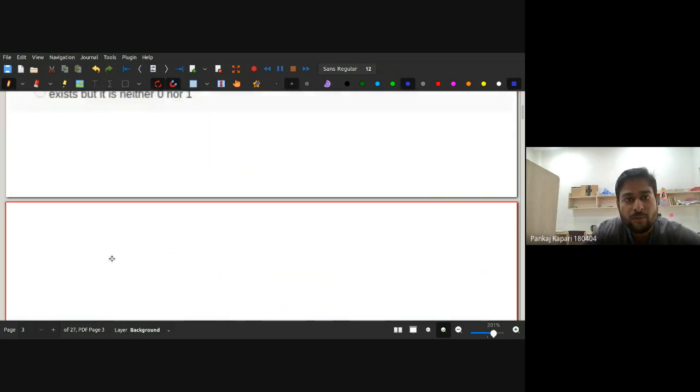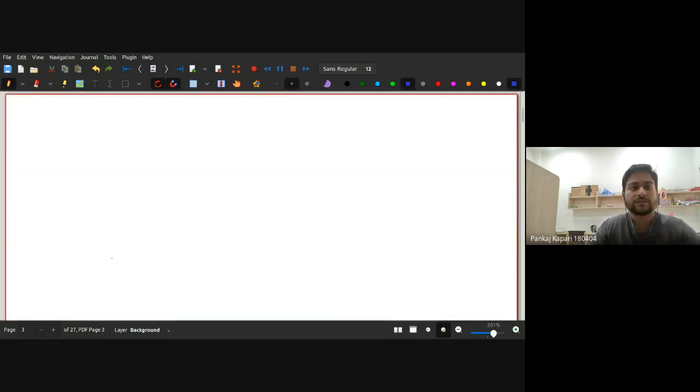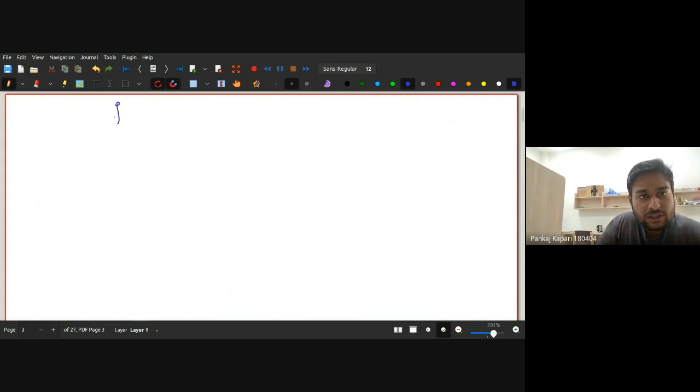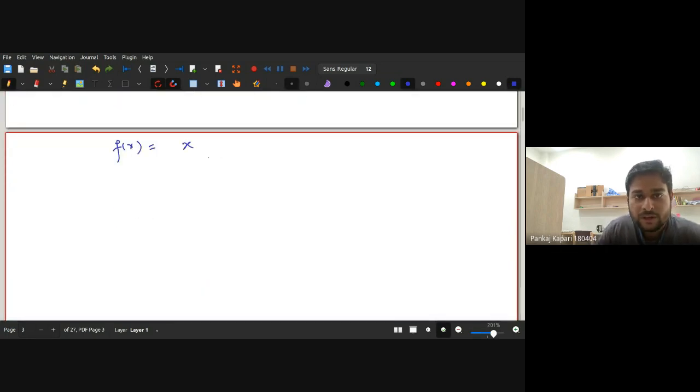Okay, so in our first problem, the given function is defined like this. What is our function? It is f of x equal to x times mod x sine of 1 over x when x is non-zero, and it is 0 if x is 0.